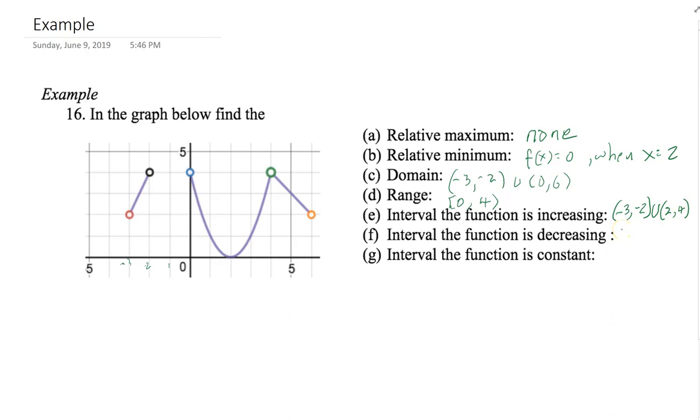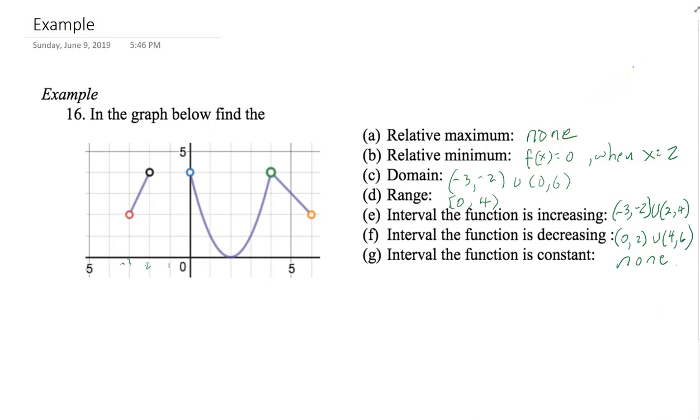The interval on which it is decreasing will be from 0 to 2, and again from 4 to 6. We use a union right there, 0 to 2, union 4 to 6. And for the interval in which the function is constant, there is no interval on which that is constant. So again, we have found our minimum, which is 0. There's only one minimum because everywhere else is an open circle.